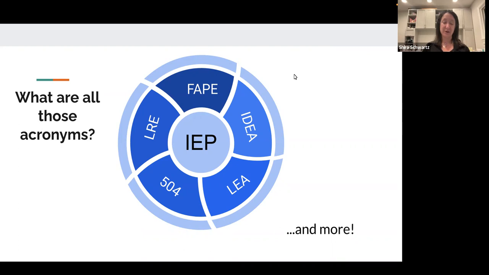Another one that's really important, or two other ones, is SLD, specific learning disability, which comes up a lot. That is the category of eligibility for a learning disability. It can be specific LD dash math, it can be reading, it can be writing.